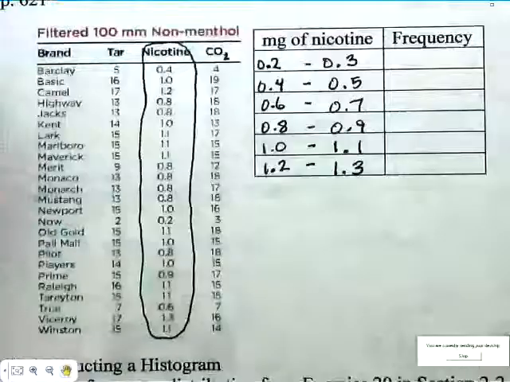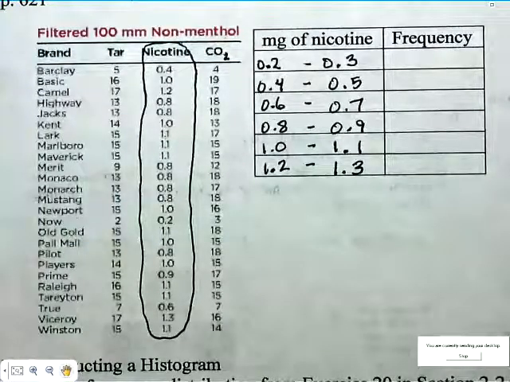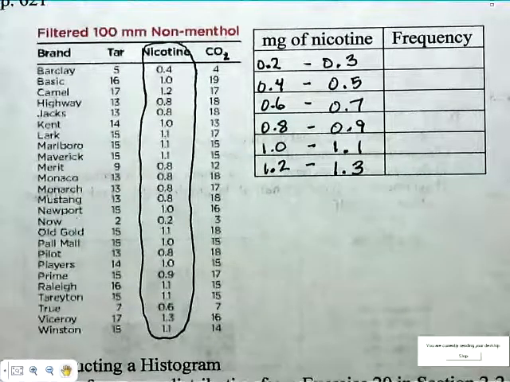But I got that first upper limit by looking at this data and noticing that all of them were to the 10th place, so I don't need to have the 100th or the 1000th or the 10,000th for my limits. Either it's going to be 0.3 or 0.4. There are not any of these values that are going to be 0.35.